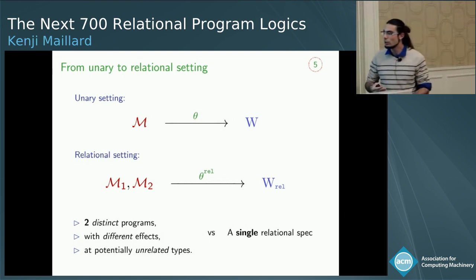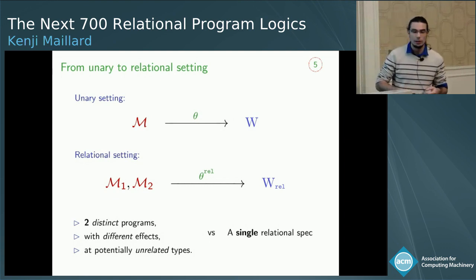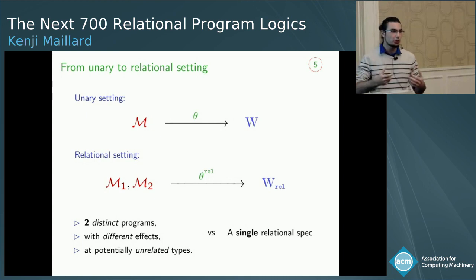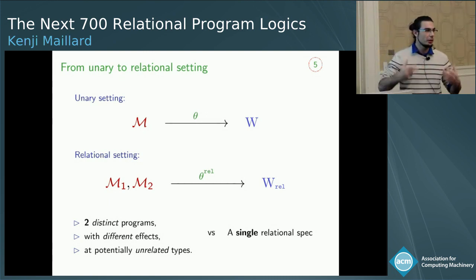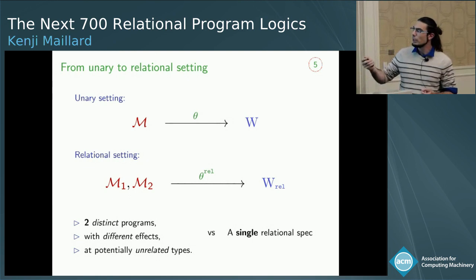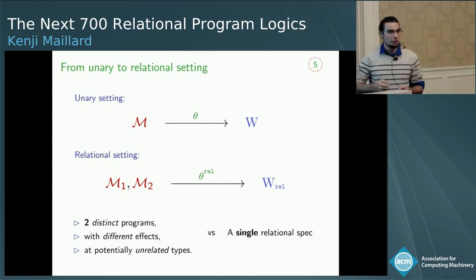So we need to account for all these differences. However, on the other side, the relational specification is only one. There is only one relational specification bridging the gap between the two programs. And so we'll need to explain what kind of monad-like object we need in order to account for this.